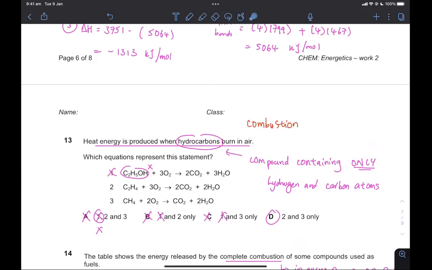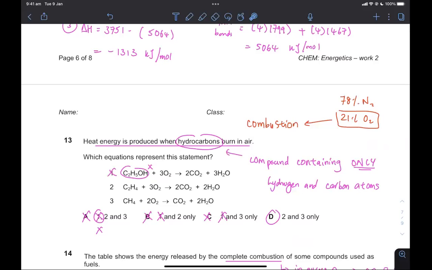When you burn something in air, you are burning in oxygen, because we know there is around 78% nitrogen, around 21% oxygen. It is actually oxygen that supports combustion, not nitrogen. So this is a balanced equation, isn't it? Why is this one wrong?